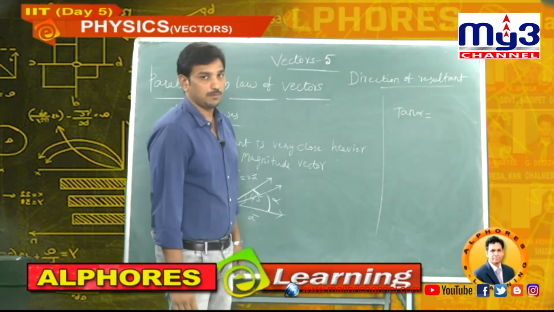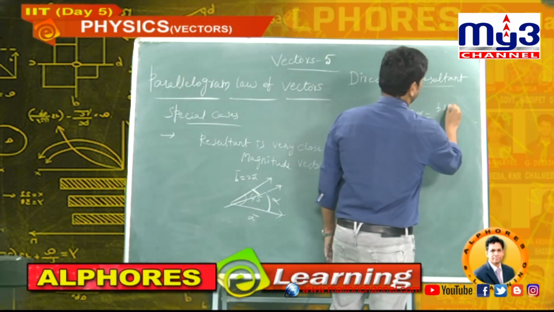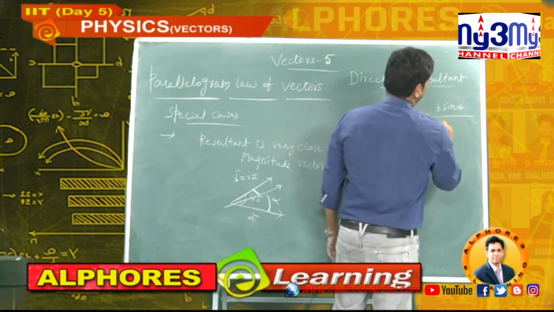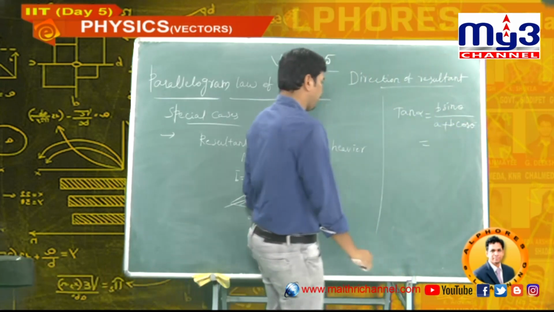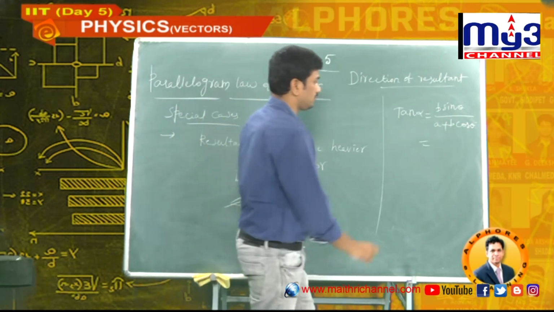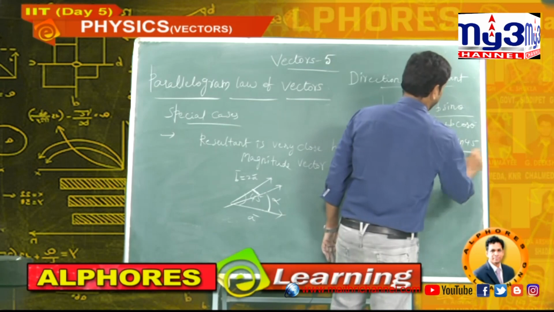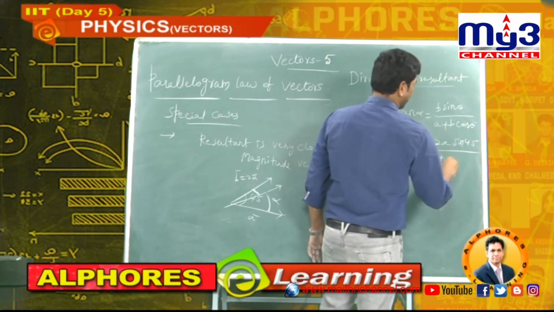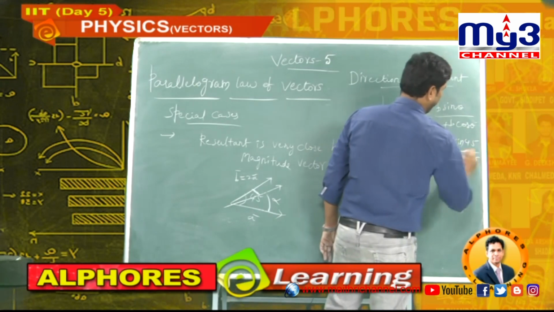As per the derivation of the parallelogram law of vectors, we have the formula tan alpha is equal to b sin theta by a plus b cos theta. B value is 2a, sin 45. Now a plus b value is 2a cos 45.